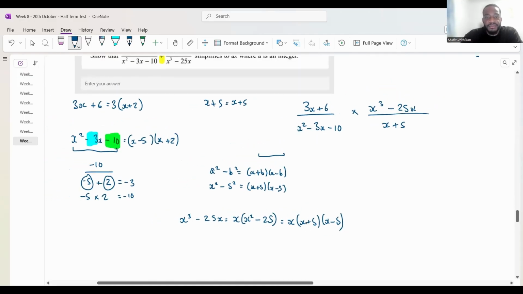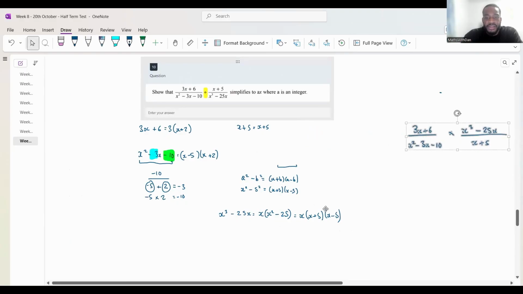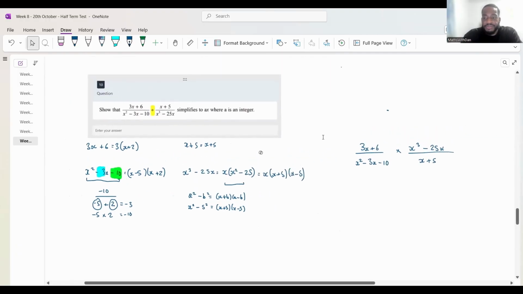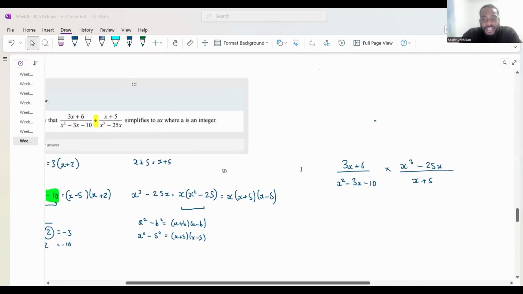Do we agree, guys? We happy with that? And let me move this here. Like that, and then let me put this here. Is everybody happy with that just before I continue? So we've done the heavy lifting now. We factorized everything.